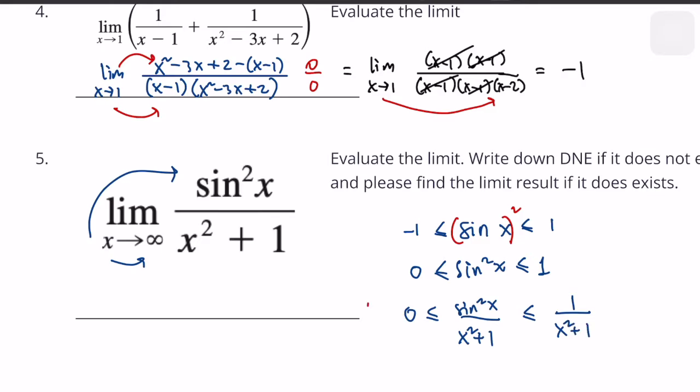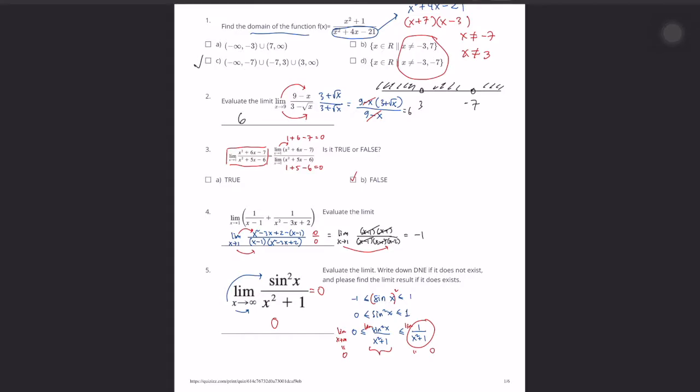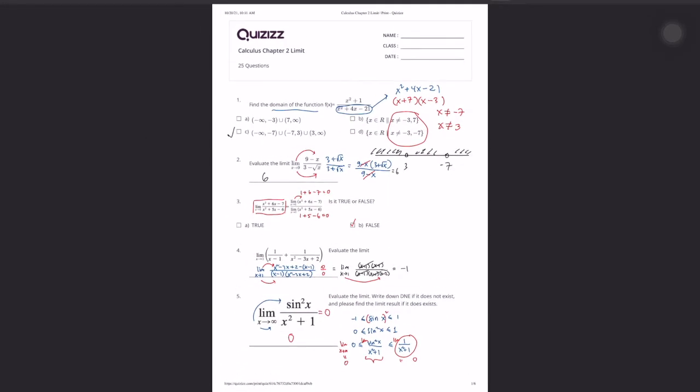Okay, we know that if we take the limit as x approaching infinity for all this, this part is getting 0, this part 0, 0, so the middle part here will be equal to 0. So the limit for this question 5 is 0. Okay, so that's the first 5 questions.